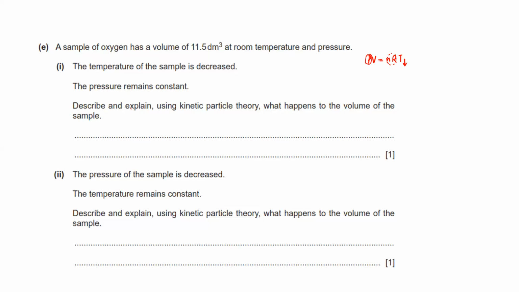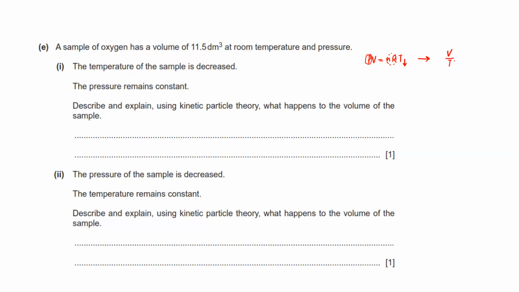It says describe and explain using kinetic particle theory what happens to the volume of the sample. So remember, temperature decreases, pressure remains constant, so the volume will decrease. So why? See it this way, in a mathematical manner.